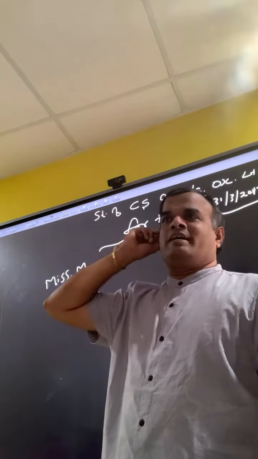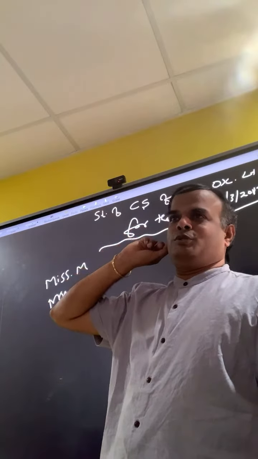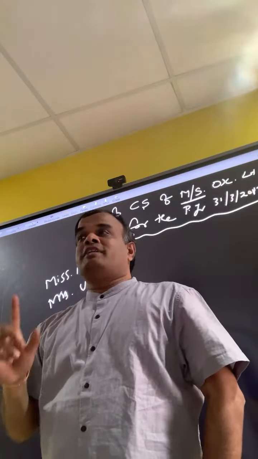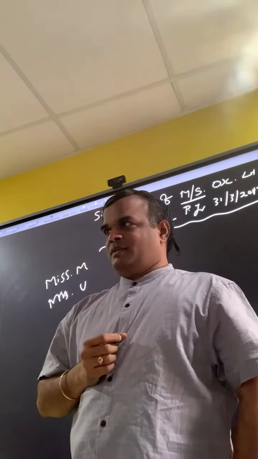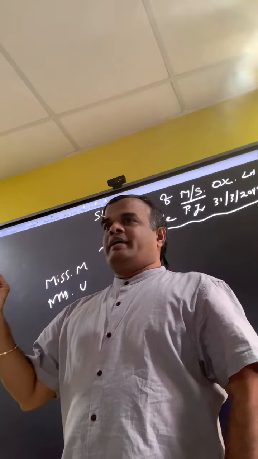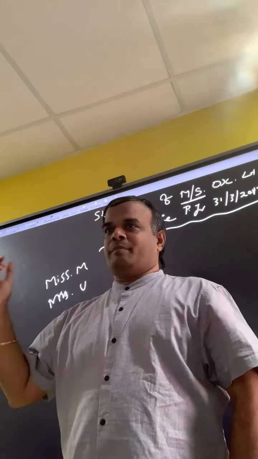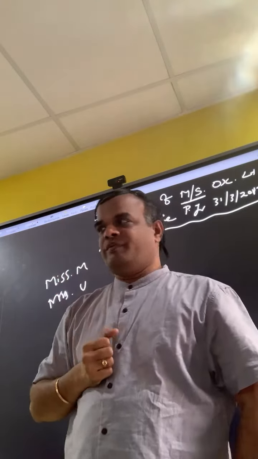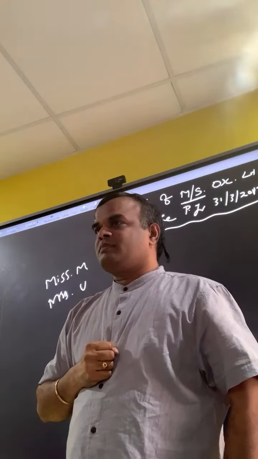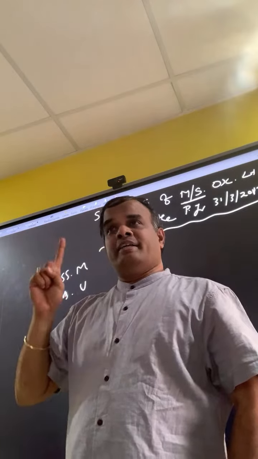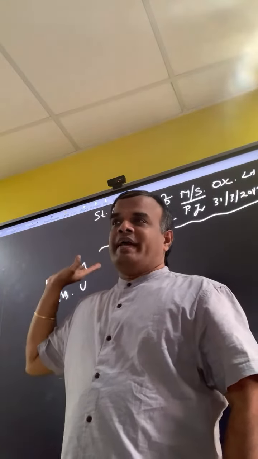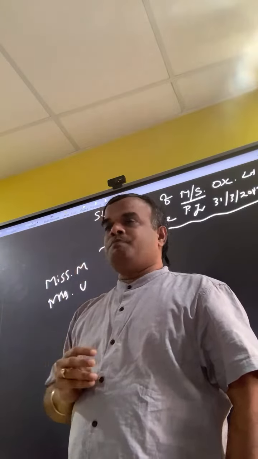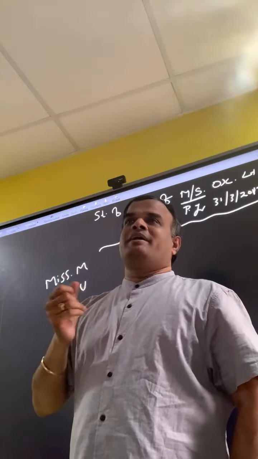It's not for cracking jokes. Sometimes you should be serious also. Okay. In case of a human being, you say either Mr. or Miss or Mrs. Am I right? But in case of an entity, it may be a company, a firm, an LLP, a trust.